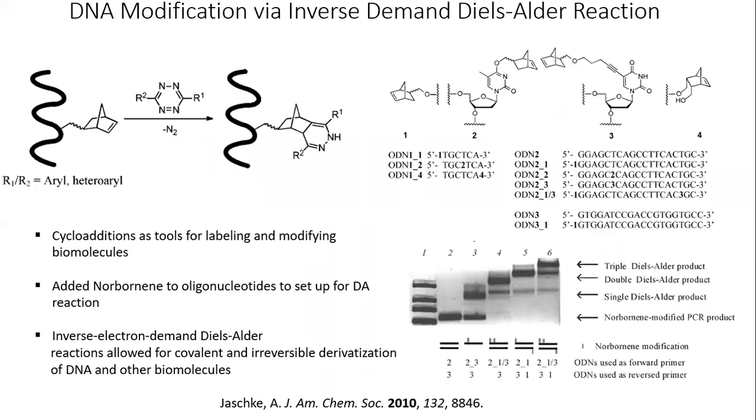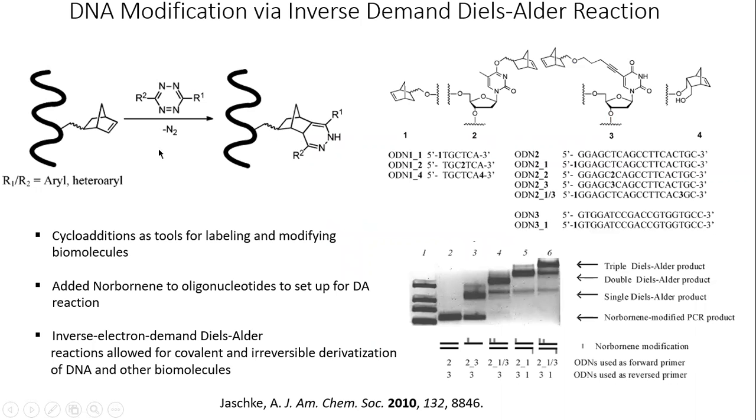All right, so another application of that inverse demand is here, and this is actually taking biomolecules like DNA and then outfitting them with these tetrazole rings, right? So this is just a basic scheme right here.